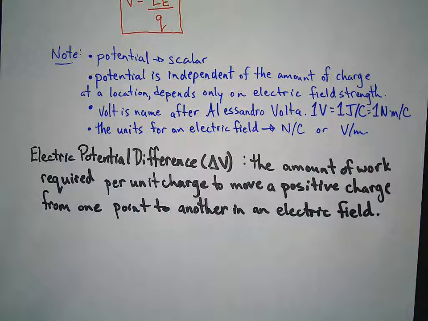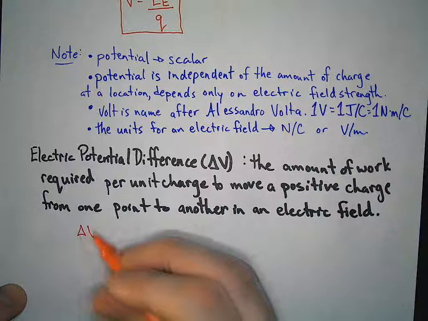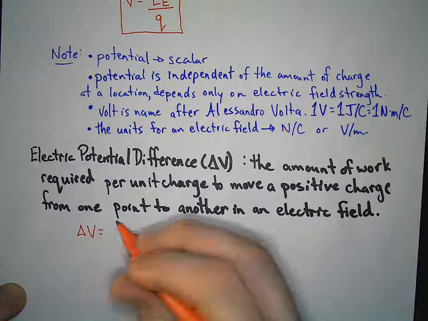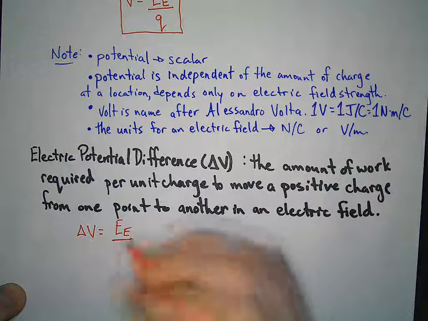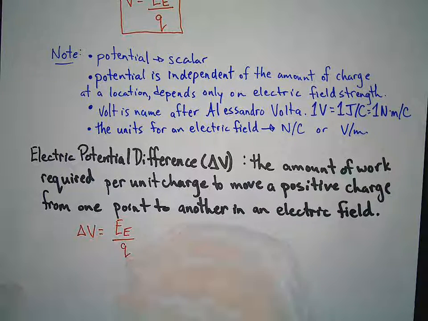So what that tells us mathematically is that our electric potential difference, delta V, is equal to the change in energy over Q. Again, this is a scalar quantity, and again, the unit is the volt.